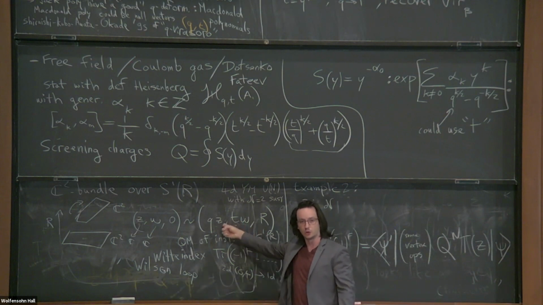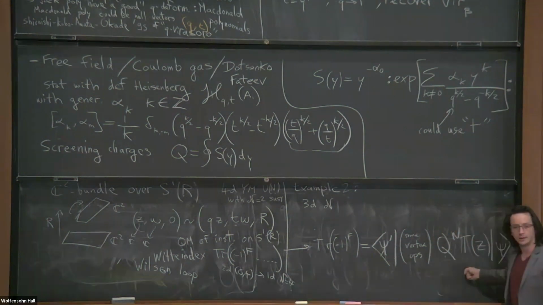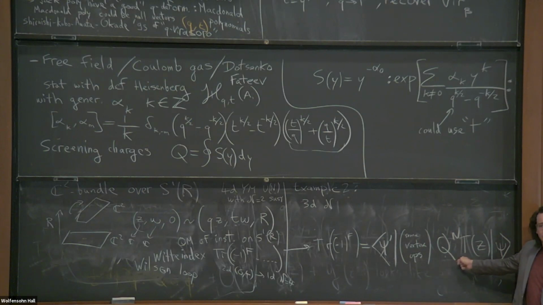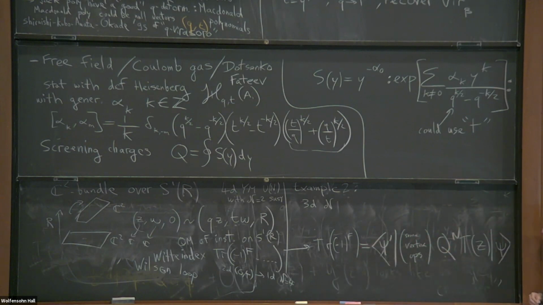You can turn on both and ask, what do you get? In the CFT language, it's like saying, why stop at Virasoro? QT-Virasoro is some natural thing. But then there are many different limits you can take here and ask, what do I get in gauge theory and vice versa? So that's an entire research program. That's just to give you an idea of the type of computations we're doing here.